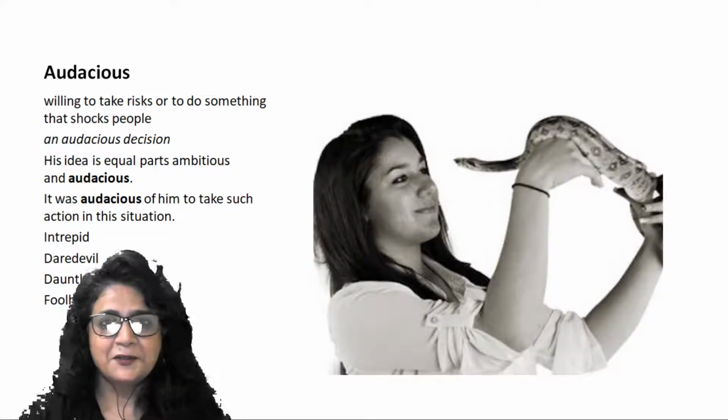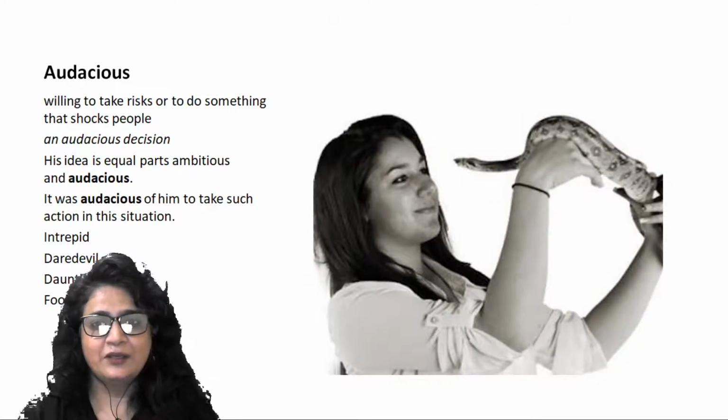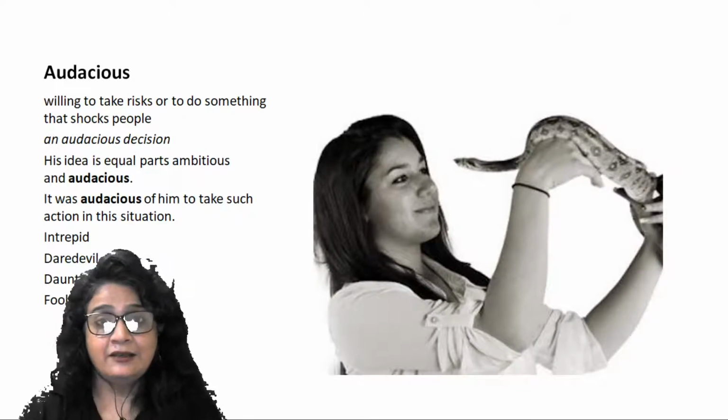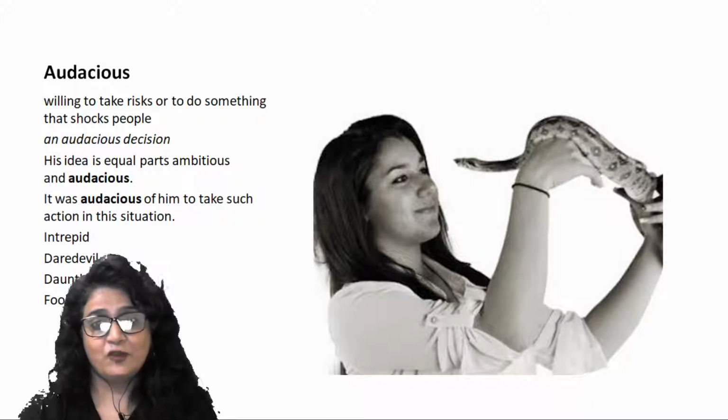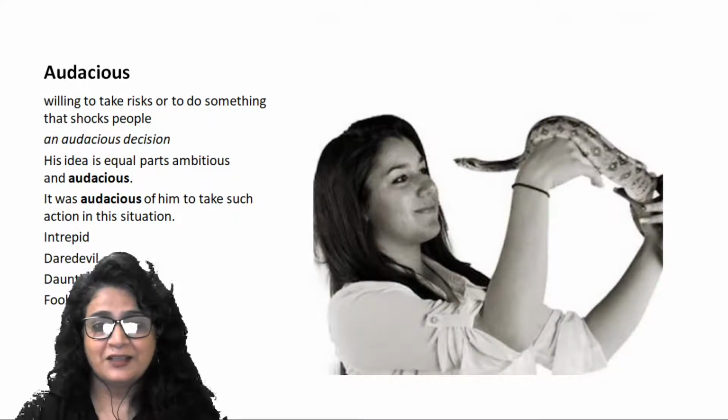A picture is worth a thousand words. You see a girl here holding a reptile in her hands, and she's so close, as if she wants to do something foolhardy. She's putting her life into jeopardy, or her safety into jeopardy.